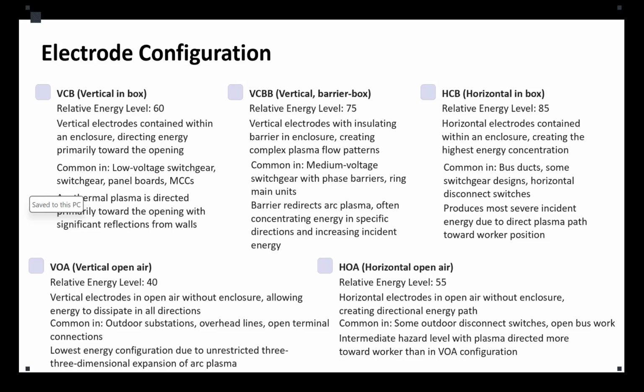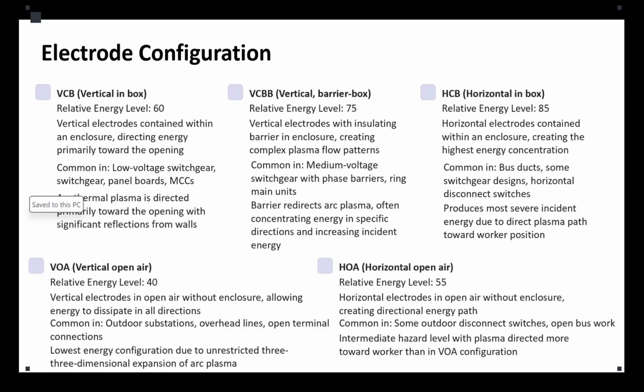Now, we have vertical conductor in the box. The orientation is vertical. We have an enclosure and the conductors are inside the enclosure. The relative energy level is considered 60 in the IEEE 1584 standard. This one is the most common configuration when we talk about real-world low voltage equipment like MCCs, panelboards, or switchboards.